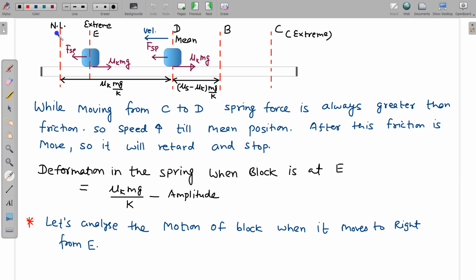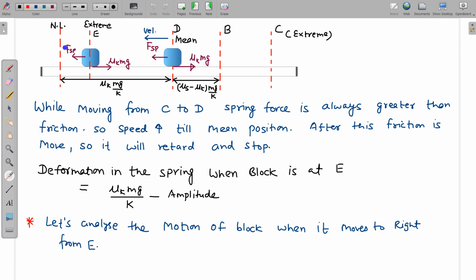And this is the natural length of this spring. So the distance between mean and extreme is obviously the amplitude. Now I can calculate the deformation of the spring. The deformation of the spring is, again, this total mu k mg by k, and from this I can subtract this amplitude.